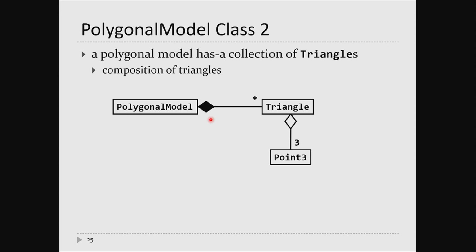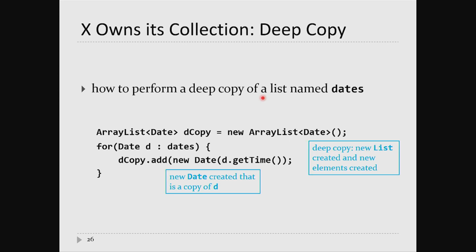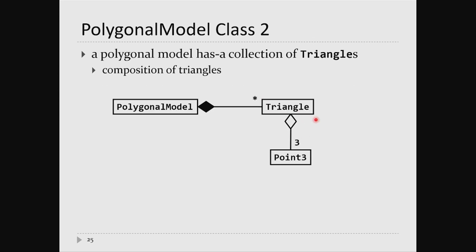If I decide that a polygonal model should be a composition of triangles, remember, solid diamond is composition, now I need to make sure that all of these triangles belong to a single polygonal model object. So I can't share the triangles anymore. It's a bit unusual because that triangle is still only an aggregation of points. The triangle itself is not a composition.